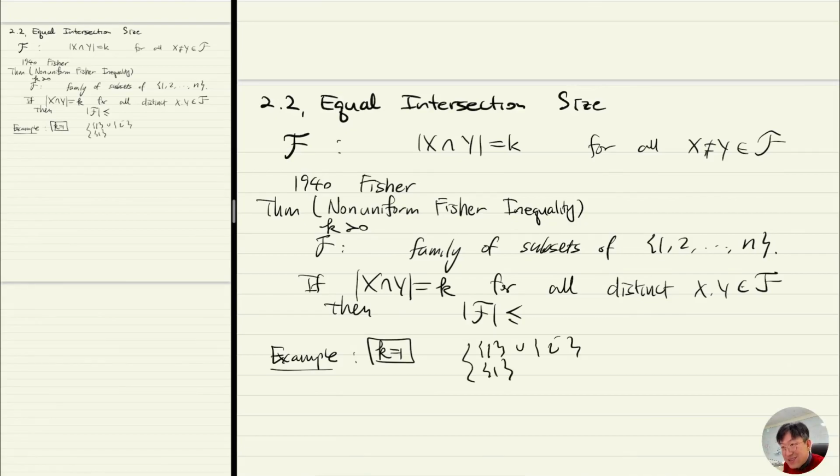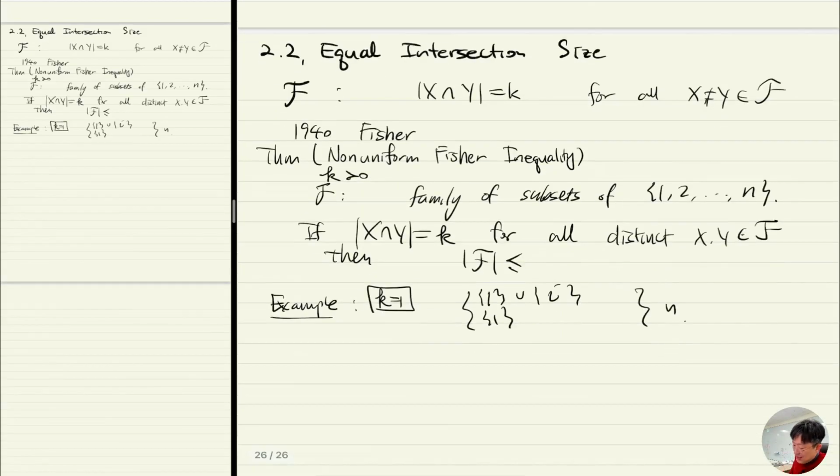This is going to be n of them. It's true, but maybe you may not be happy, this is a trivial example. Anyway, when k is 1, you have an example. And indeed, that's the best possible. So the maximum size of a set family is at most n.